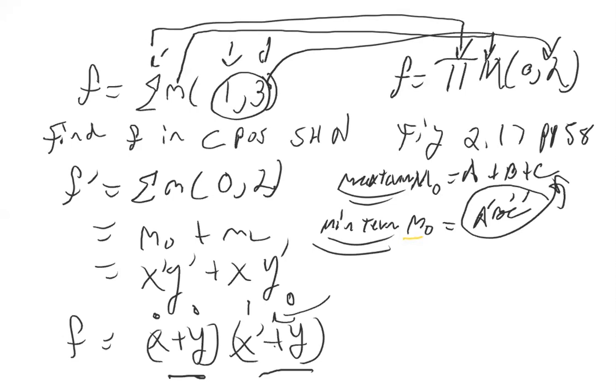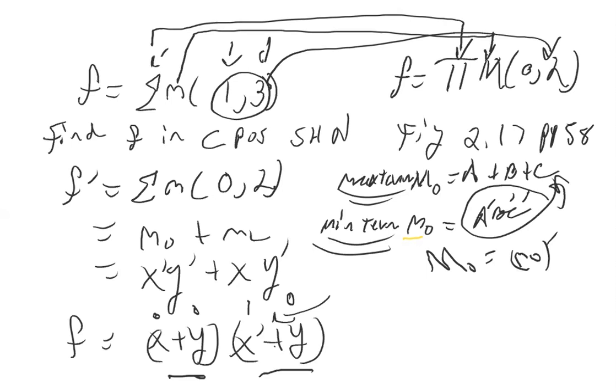We change times to plus, plus to times, and we invert the literals. So that is De Morgan's theorem. So in a sense, one could say that capital M0 is equal to m0 prime. And that's why you get the literals inverted when you look at the table in figure 2.17.